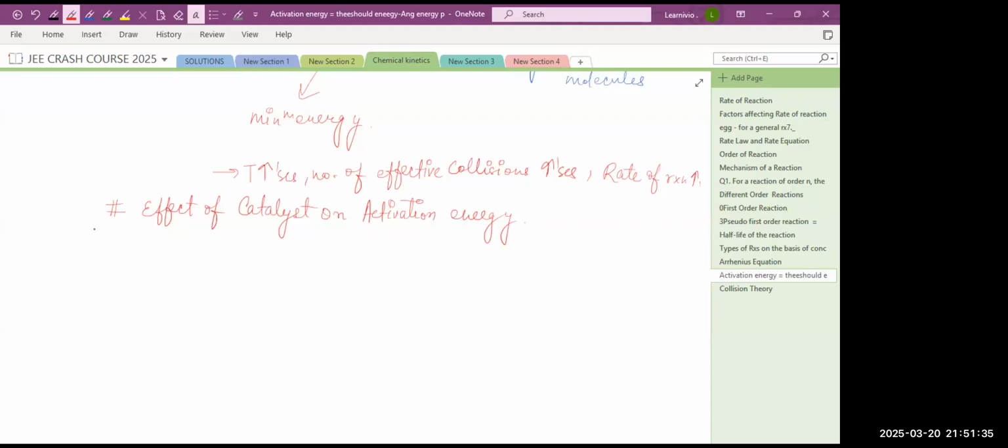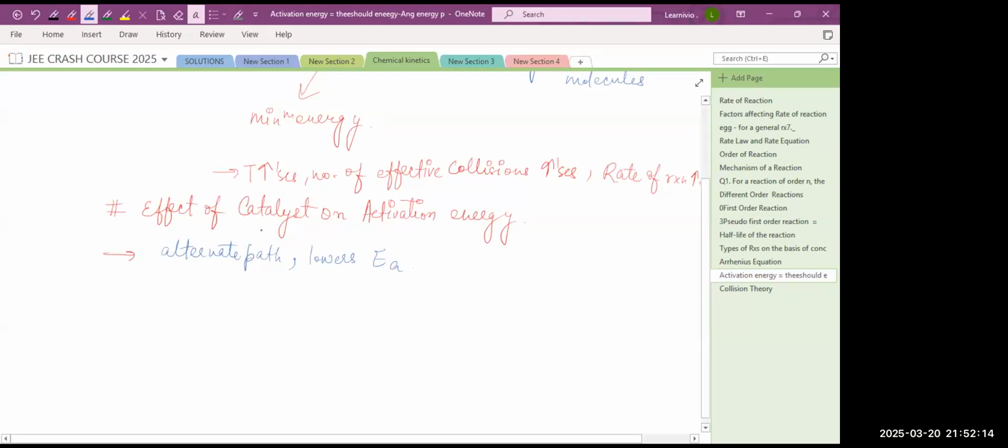So this allows a large number of reactant molecules to cross over the energy barrier in order to transform into product.